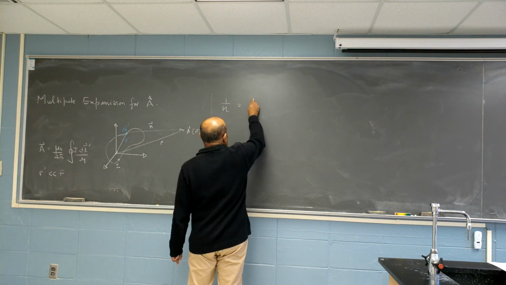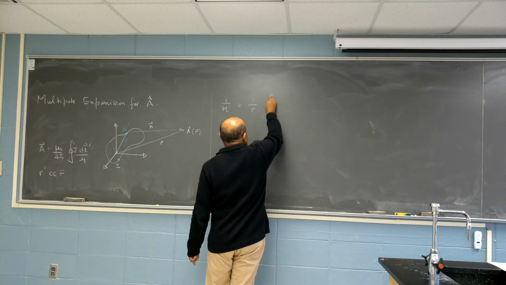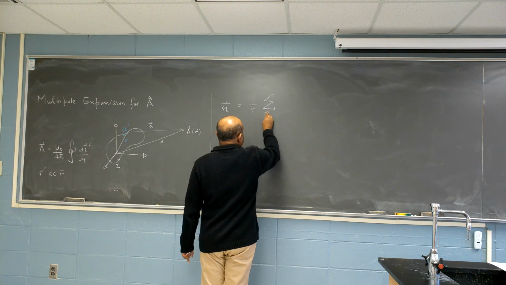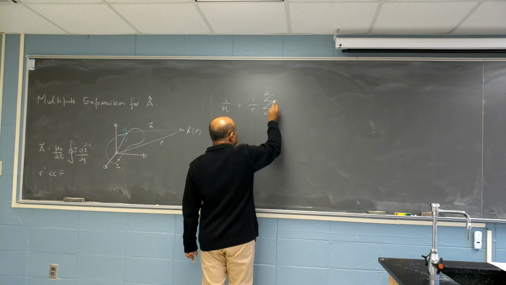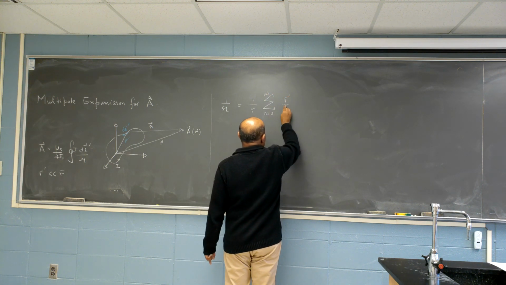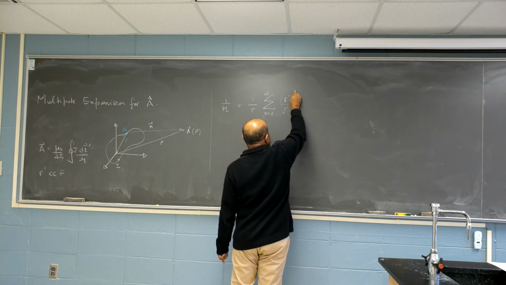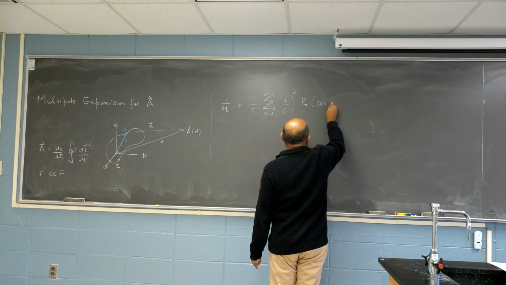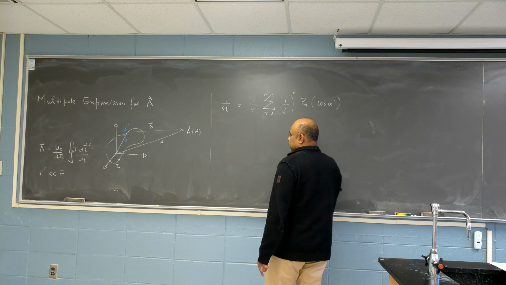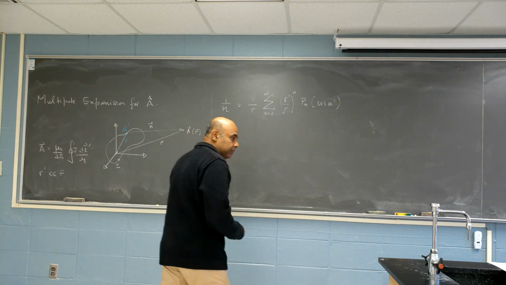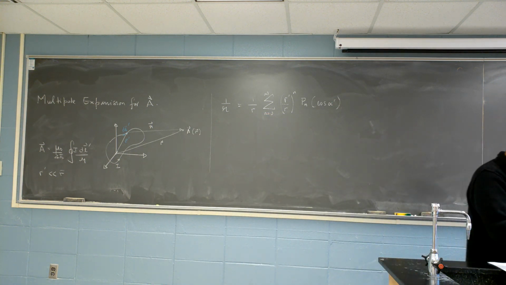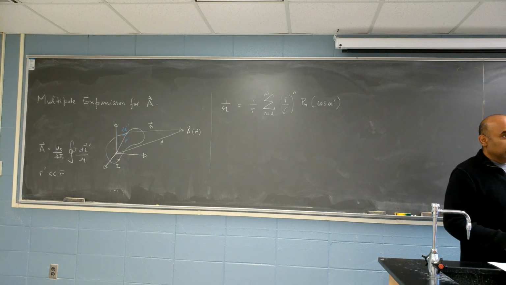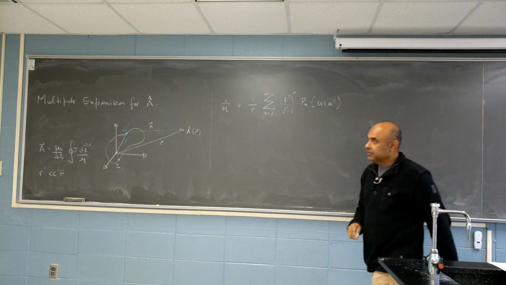This is 1 over R, sum n equals 0 to infinity, R prime over R to the n, Pn of cosine alpha prime. Now what is alpha prime? Alpha prime depends both on R and R prime.